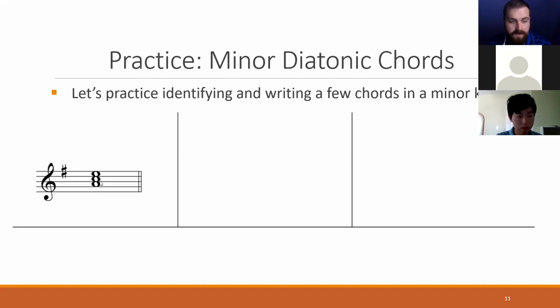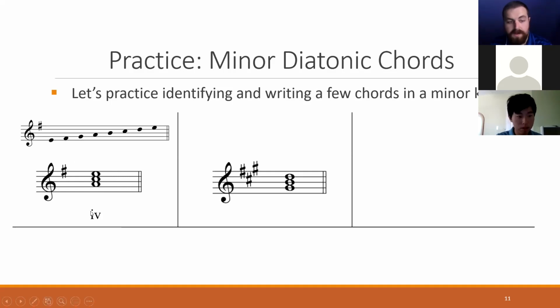A is the root of this chord. We can think of A up to C natural is a minor third. A up to E natural is a perfect fifth. This is an A minor chord. We know that A is the 4th degree in E minor. Therefore, we can just do a lowercase 4 for our answer. Lowercase i, lowercase v, 4. This is the 4 chord in E minor.